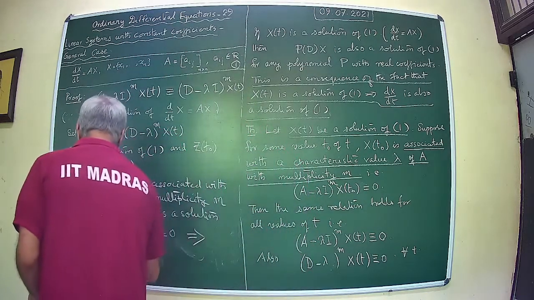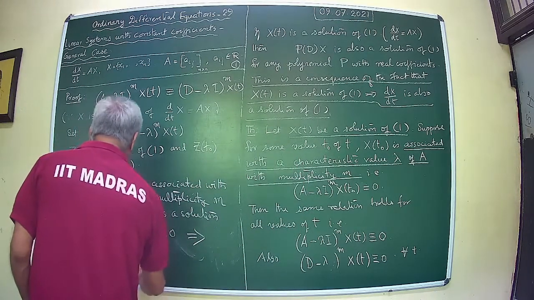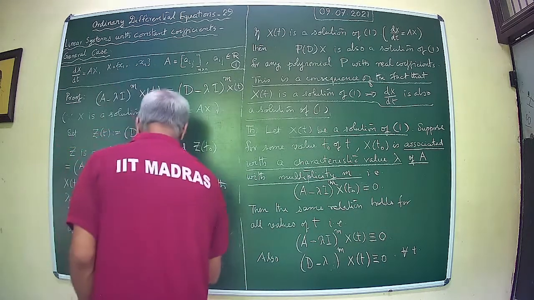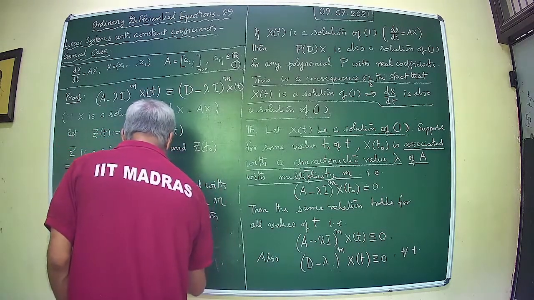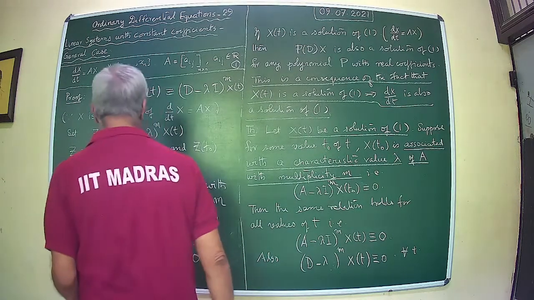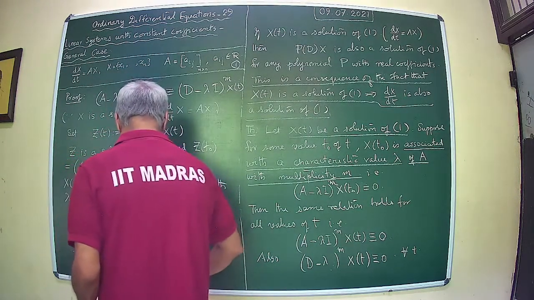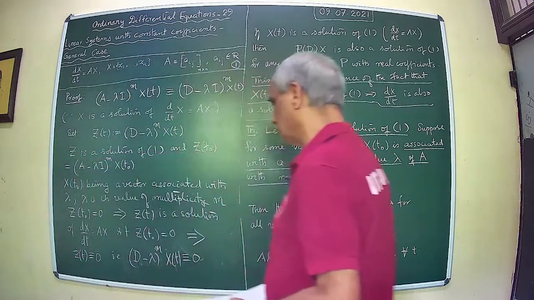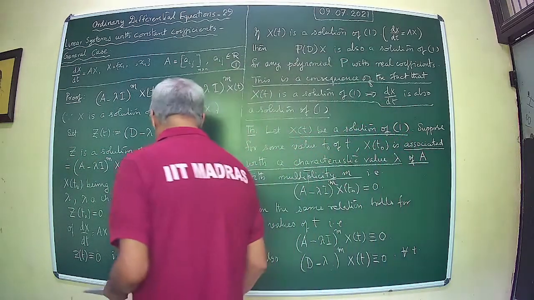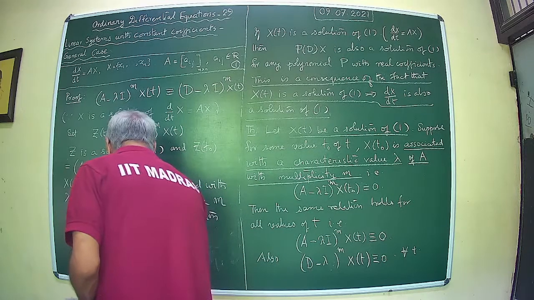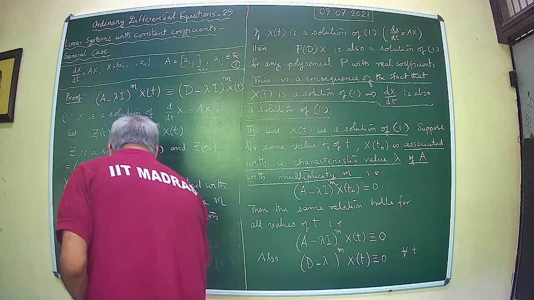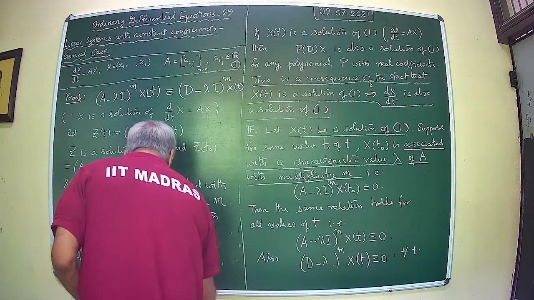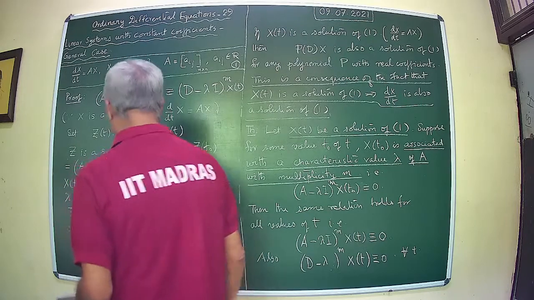That is d minus equal to 0 or x t is identically equal to 0, which is the same as a minus equal to 0.